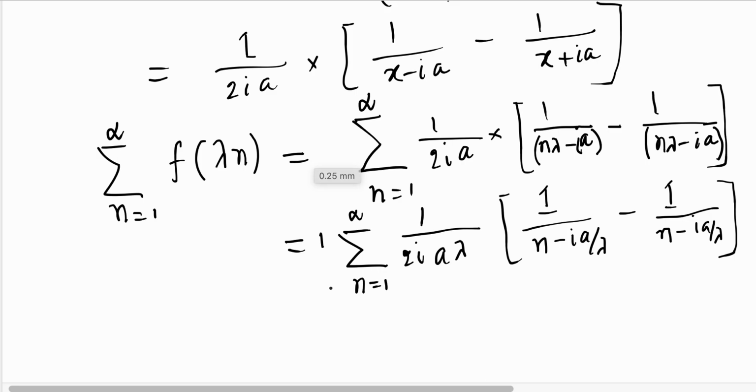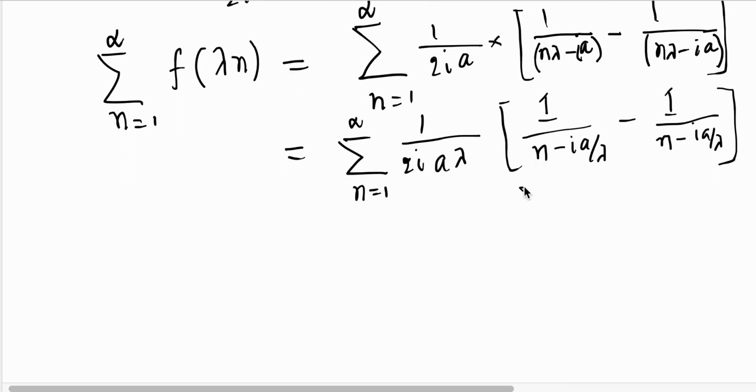That means we need a closed form limiting value of this summation over n. To get a closed form solution there is a trick. Without that trick you can't do the summation.